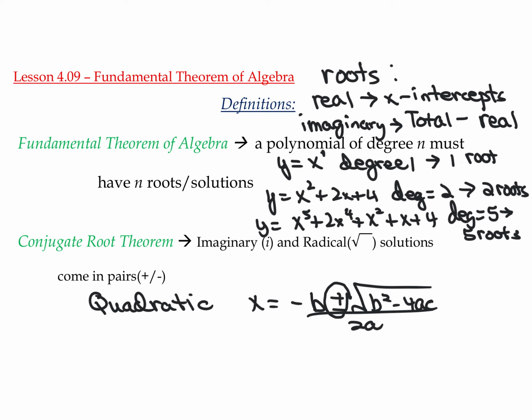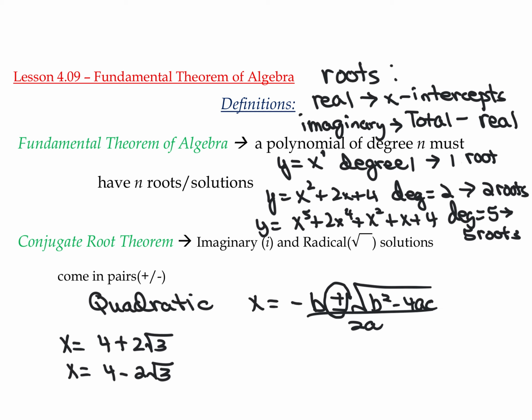So if you have a solution, x is equal to 4 plus 2 times the square root of 3, then you also have the solution, x is equal to 4 minus 2 times the square root of 3. It has to be a plus or minus combination.